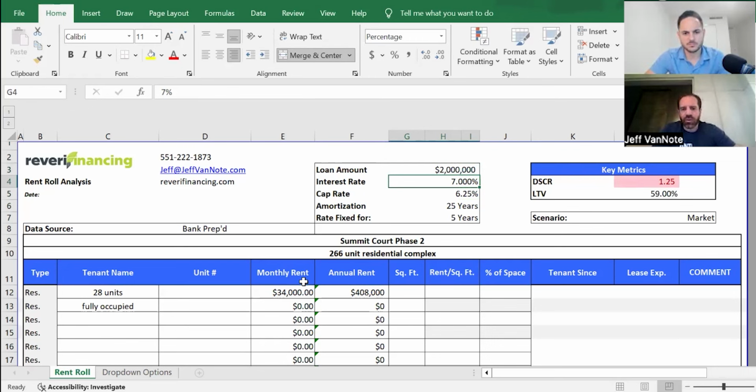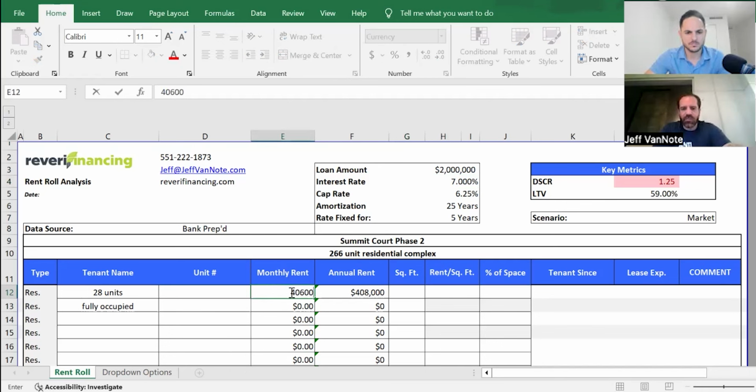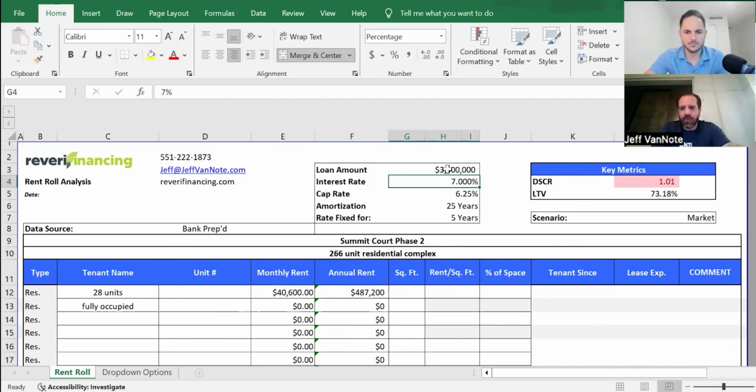Now, what I like to do is say, okay, if we could raise the rents in that 18-month number, how much does that give us? You see how that just jumped up by 41? Big number here, right? So now we go back and say, okay, how far off are we? And that puts us somewhere at about... see the big difference there, right? So once you get your actual rent roll in place, you'd be at a $2.65 million loan amount at a 7% rate. Now, here's the other thing.